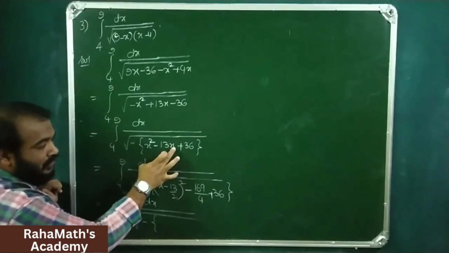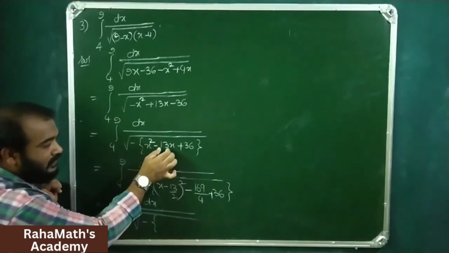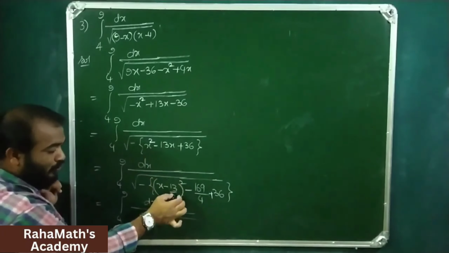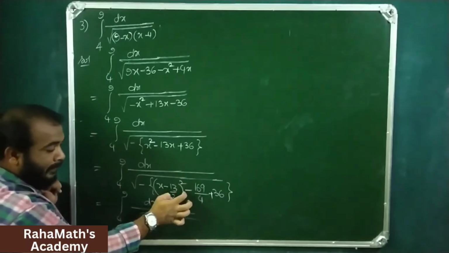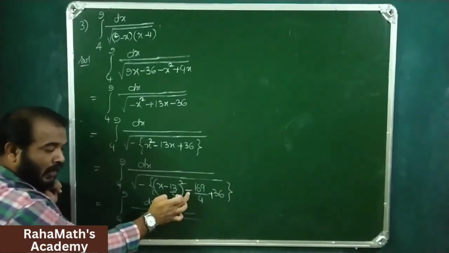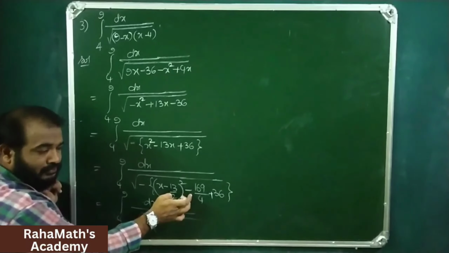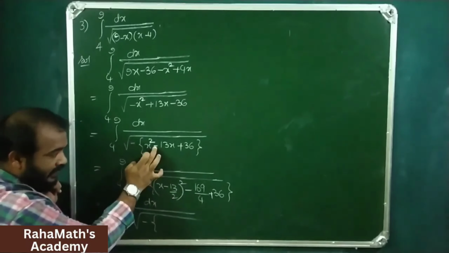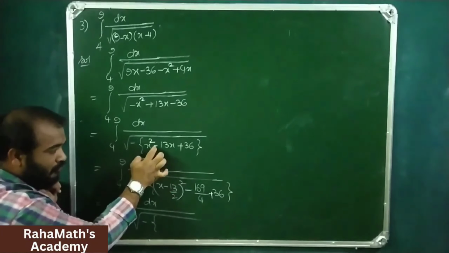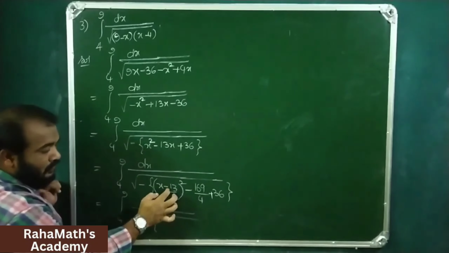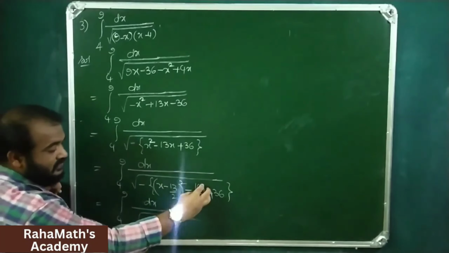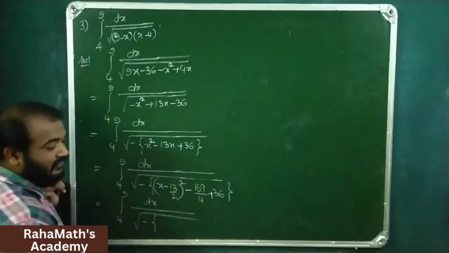So here, half of the coefficient of x is 13 by 2, you write, complete the square, minus outside every time. If it is minus, minus will come. If it is plus here, plus will come. So 13 by 2 whole square is 169 by 4, plus 36 as usual.